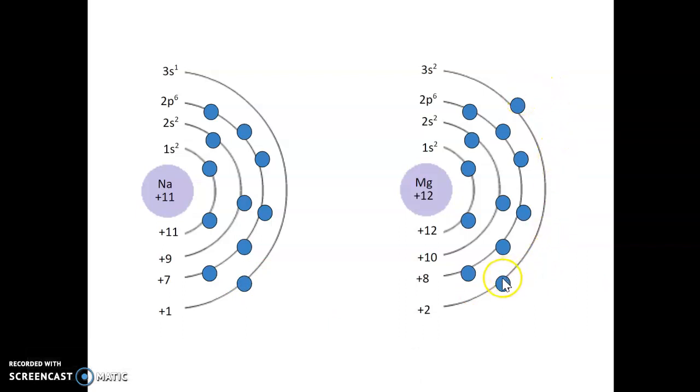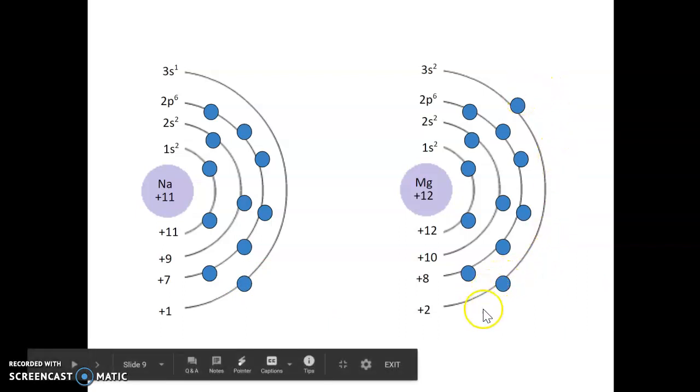And they're kind of experiencing the same shielding. And once you get to that second ring, the +8 and the +7, they're both kind of a lot more difficult to take from at that point. But you can see how the whole time the stronger magnet of magnesium is making it a little bit harder to take the electrons away.